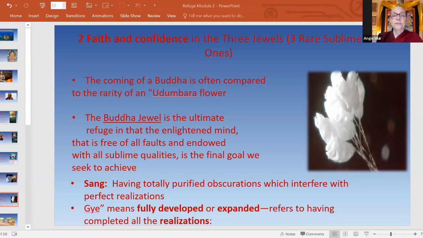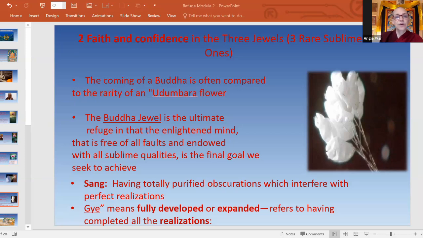It blooms once in every 3,000 years. And so it symbolizes the coming of a Buddha. It's said that before the Buddha came to this world, there was the blooming of this special flower. So when it flowers, it usually shows the coming of a great being.